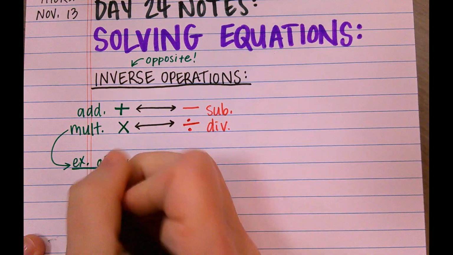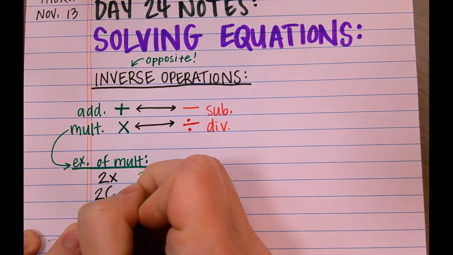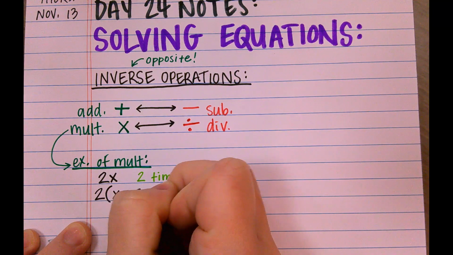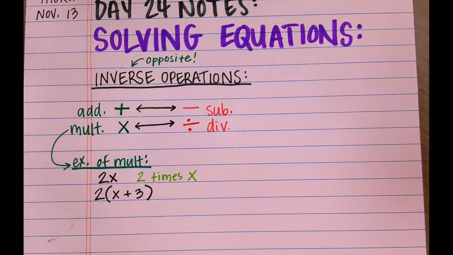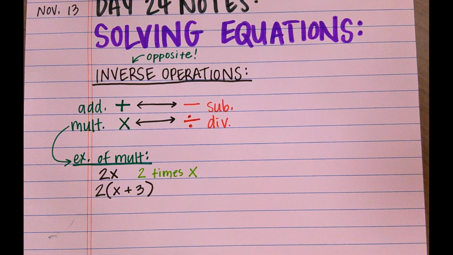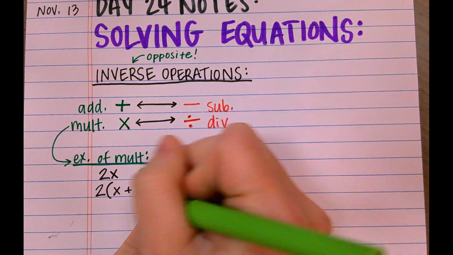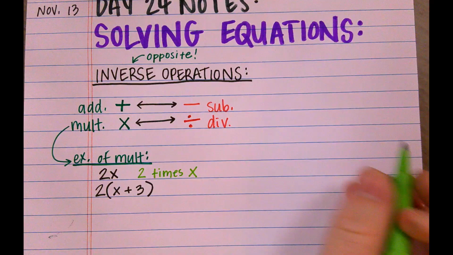What if I had 2 in parentheses outside of x plus 3? 2 times x plus 3. Yeah, it's just 2 times that x plus 3. So really it's 2 times x plus 2 times 3, because we're distributing. Distributing is like multiplying multiple times.